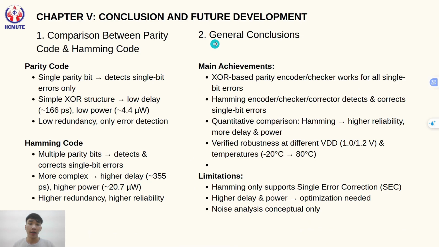And my conclusion from our study: we successfully designed and simulated XOR-based parity circuits and a complete Hamming encoder, checker, and error corrector. The Hamming circuits detect and correct single bit errors, with tests under different voltage and temperature in 90 nanometer CMOS.